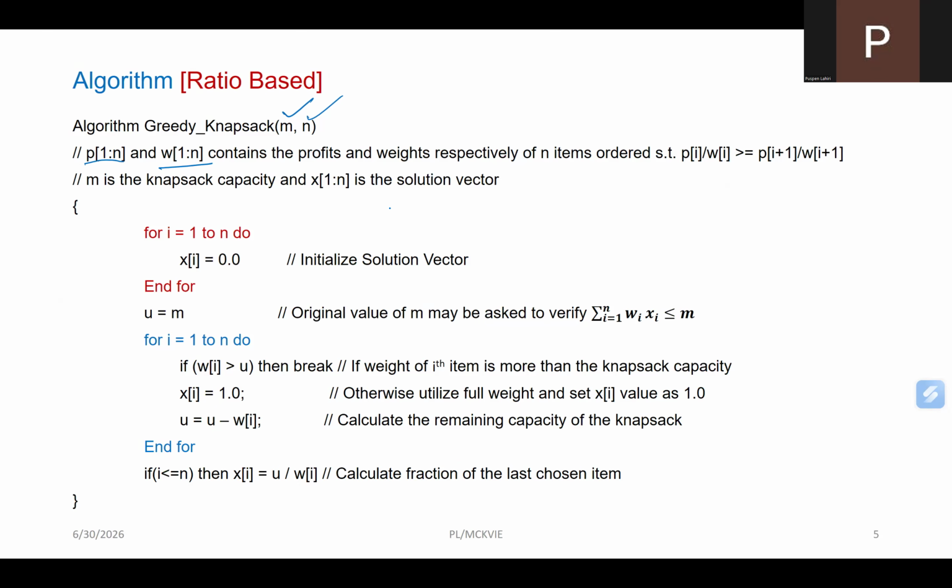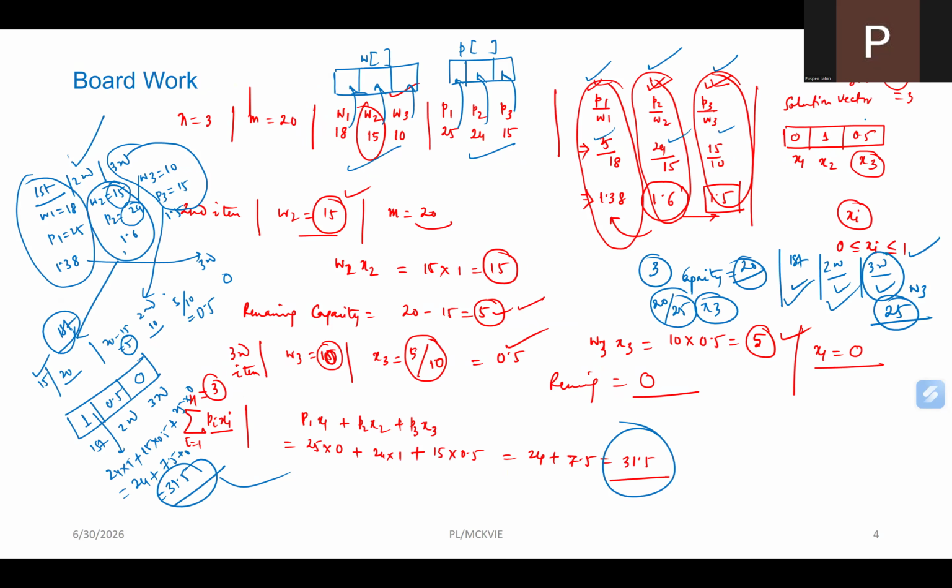And one more interesting thing before moving on. Suppose this is the final solution vector obtained so far. If somebody initializes this solution vector as all 0, X1, X2, X3, or you may consider this one also as an example, all are initialized to 0. Once some non-zero value comes, this 0 will be replaced by the non-zero value. And if no non-zero value comes, this 0 remains unchanged.